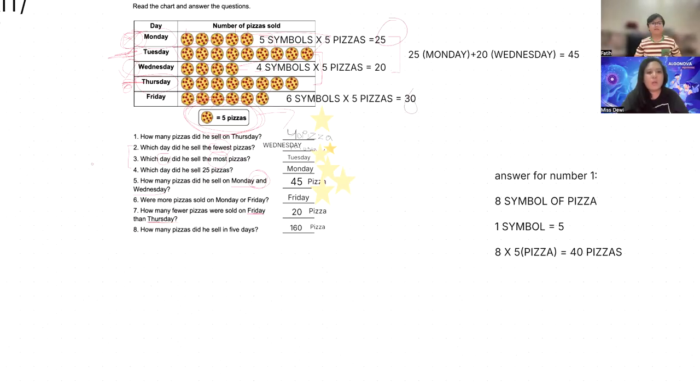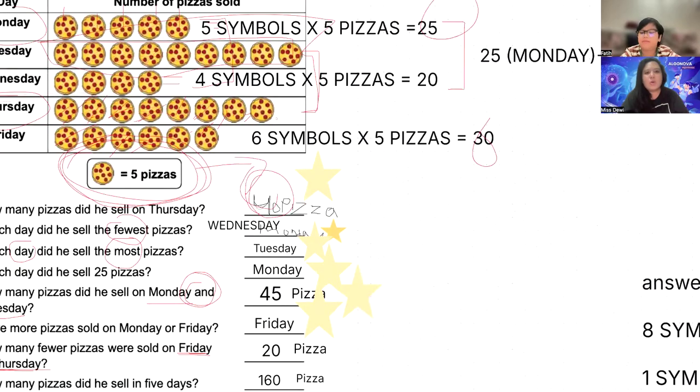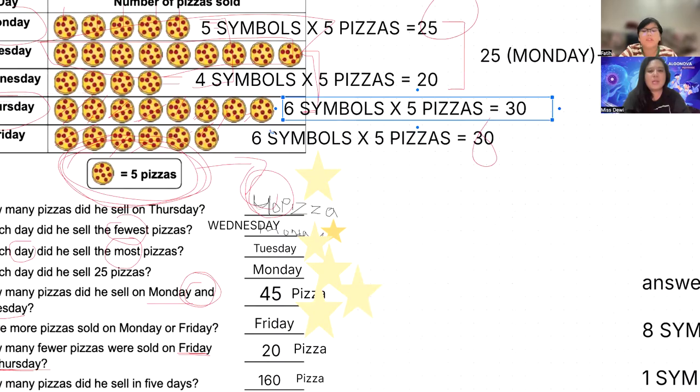So you have to count 1, 2, 3, 4, 5, 6, 7, 8. Oh, you got this. This is the 40 pizza. So you put 40 pizzas beside Thursday. Okay, it's completed now.